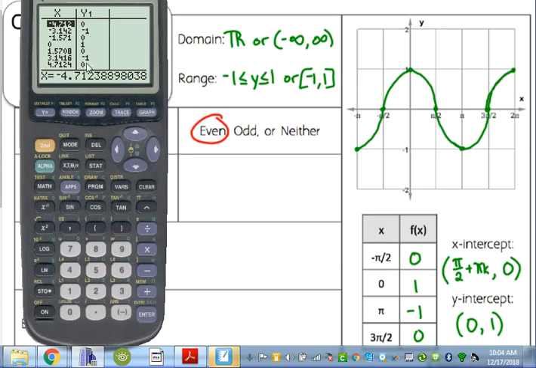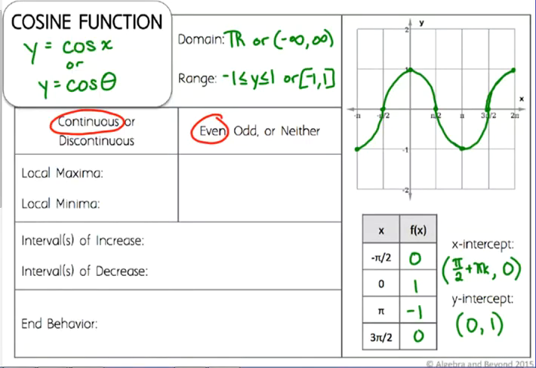Opposite x values, positive 4.712, negative 4.712, have the same y values. Notice I have the same y values for opposite x values. So that is the other way to recognize if it's an even function.